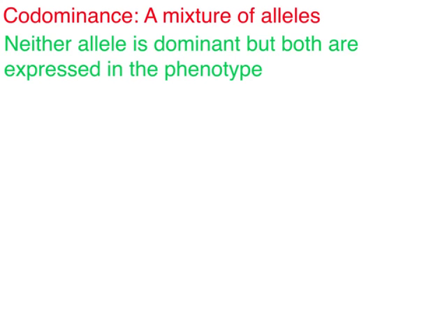In this case, both alleles are actually going to be expressed, and that's what makes it slightly different. So neither allele is dominant, but both are expressed in the phenotype.